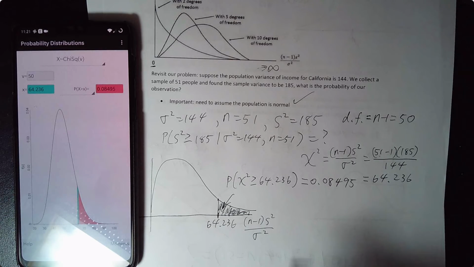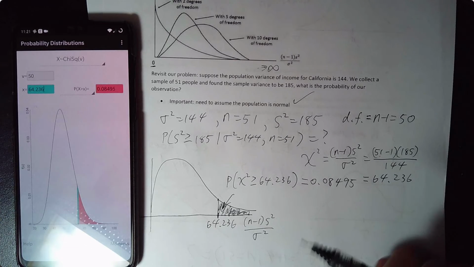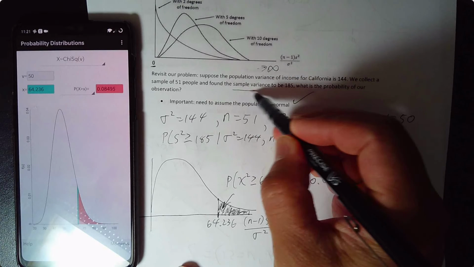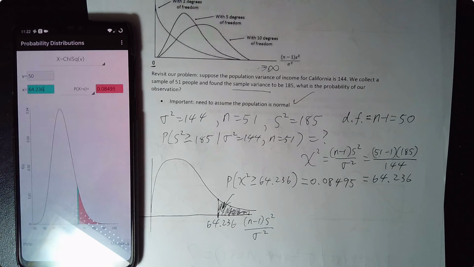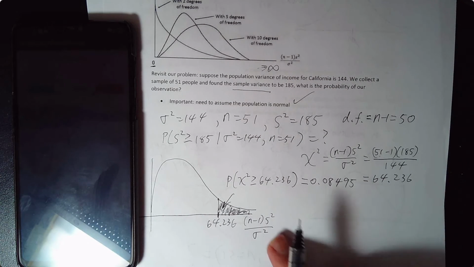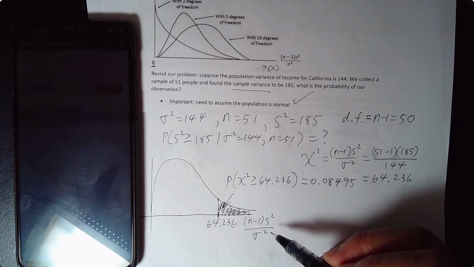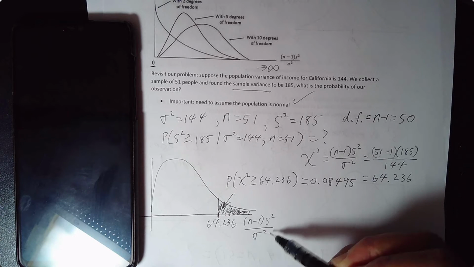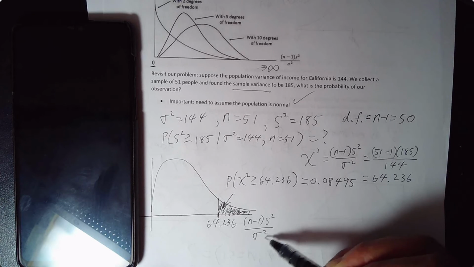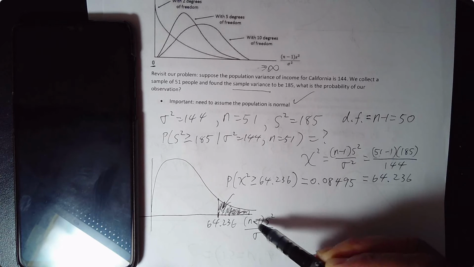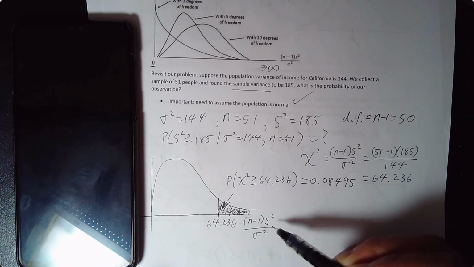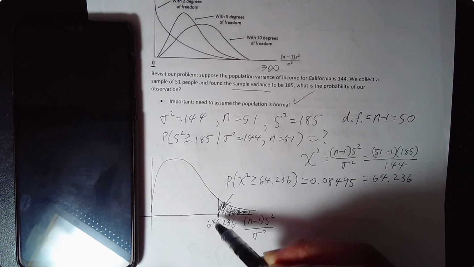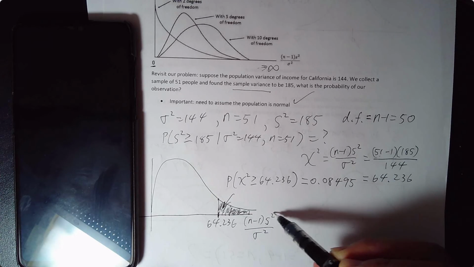So how does this help us? Because remember, in the beginning, my goal is to know the sampling distribution of the sample variance. Now this is answering that question in an indirect way. If you look at this formula here, sigma squared is fixed because that is the true population parameter. So given the sample size, the larger the s squared that I observe, the further away this will be, and it will be very unlikely.